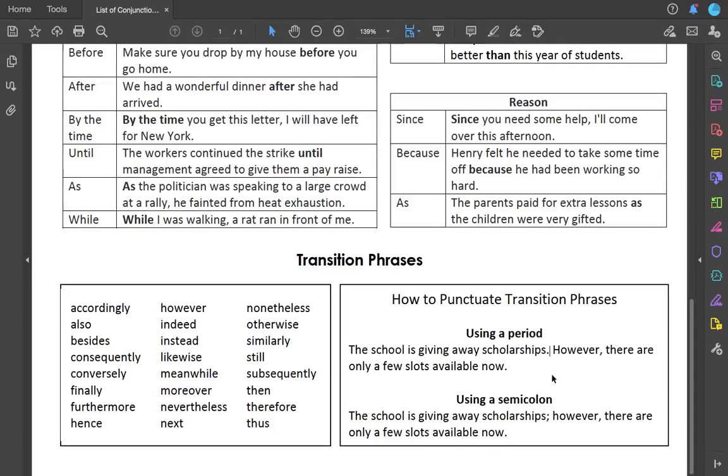You have to use a period or a semicolon. You can use either of them. If you use a period, you have to capitalize the next word. If you use a semicolon, then you have to use a small letter, just like this. "However": the same thing, you use a comma after the transition phrase.